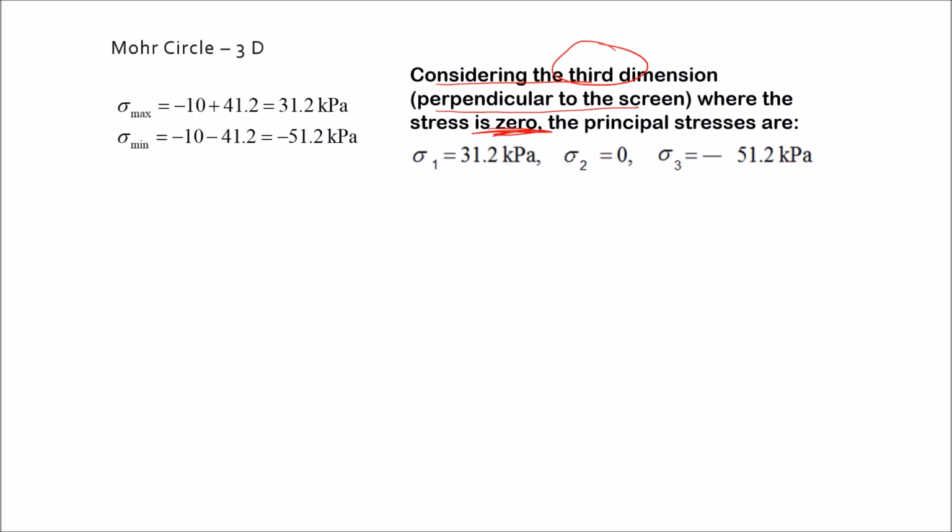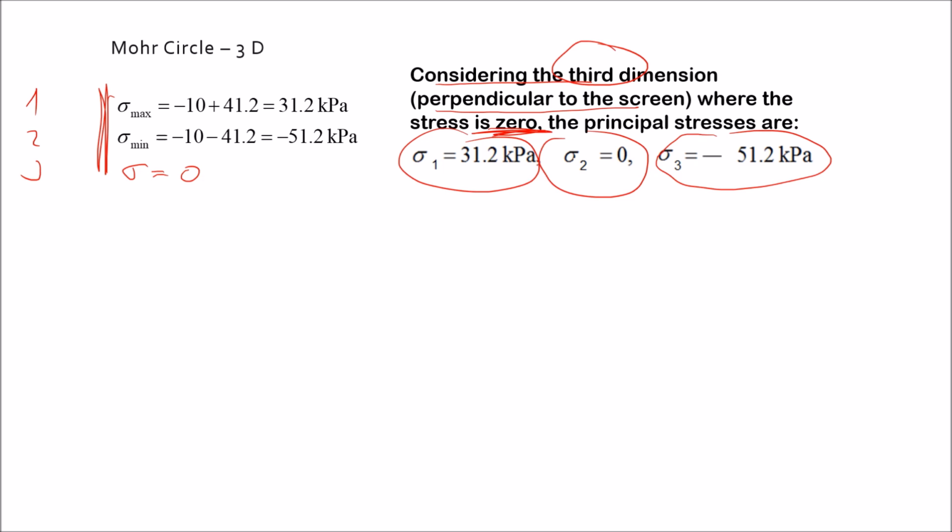I have another principal stress which is 0. So if I name these stresses according to the rule, my sigma 1 is 31, my sigma 3 is minus 51, and my sigma 2 will be 0.